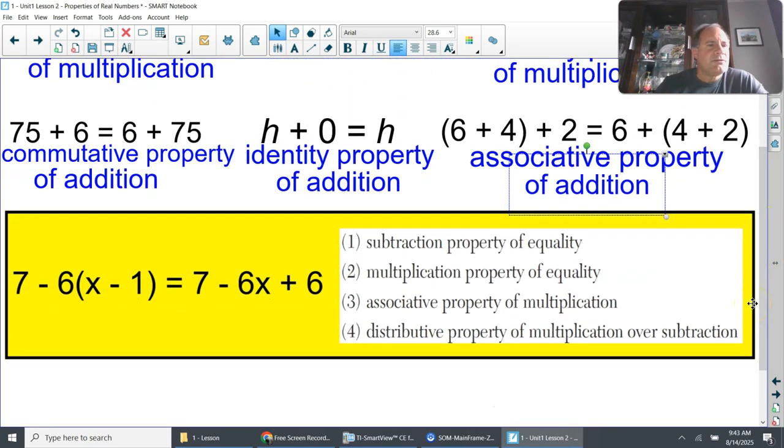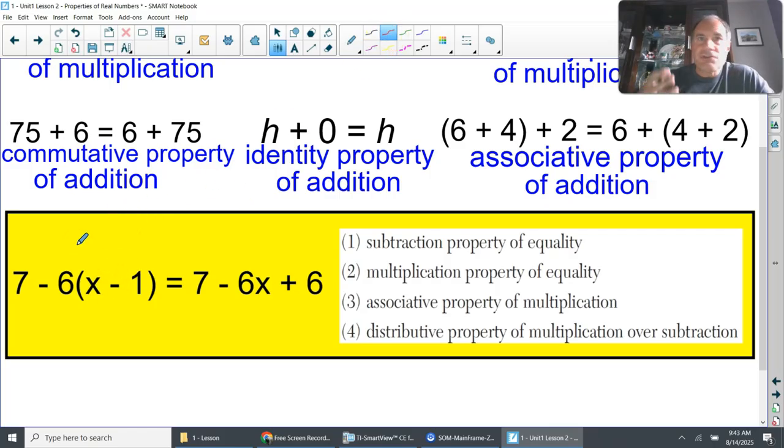Take a look at that next one. 7 minus 6 times x minus 1 and 7 minus 6x plus 6. So what property is being used here? What I like to do is just work on the left side to see if I can make it equal to what is on the right side. I'm going to do distributive property.